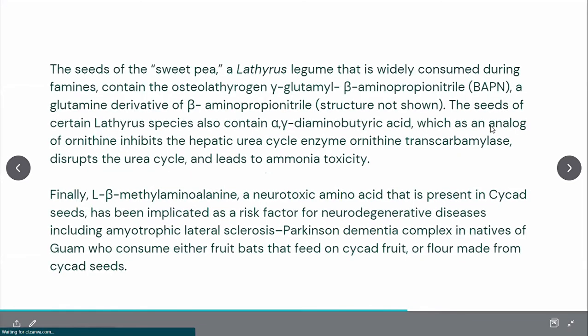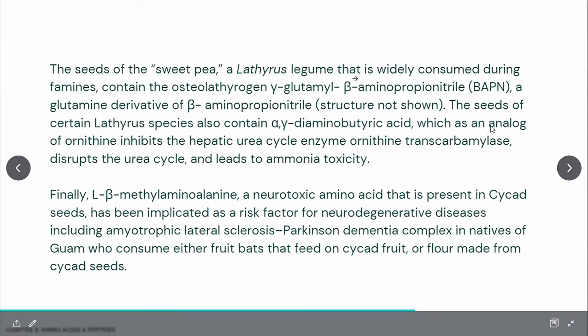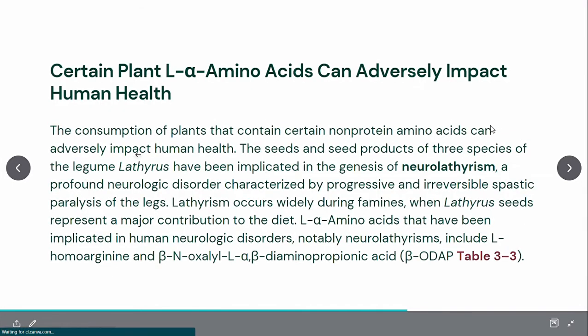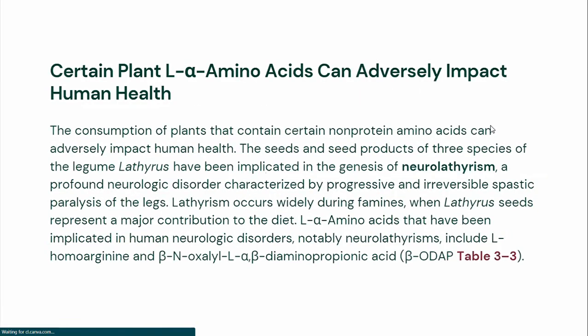The seeds, okay, here we are. That's Lathyrus, consumed during famines, and it contains this particular amino acid. And this can bring about, as we said, paralysis of the legs.